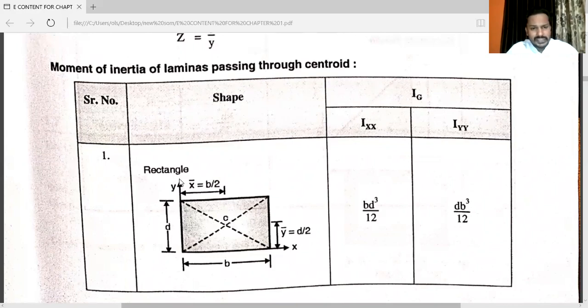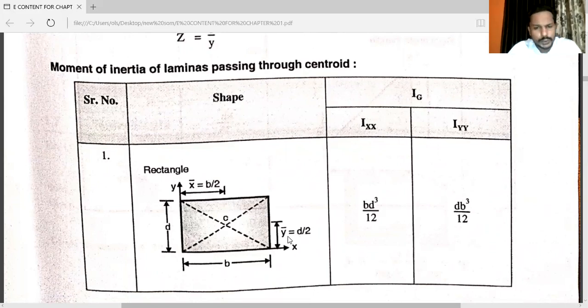X bar is the distance from the Y axis, Y bar is the distance from the X axis. X bar is B by 2, the entire distance is B, and the depth of this rectangle is D, so the Y bar will be D by 2. Already you studied centroid, so you know about X bar and Y bar.